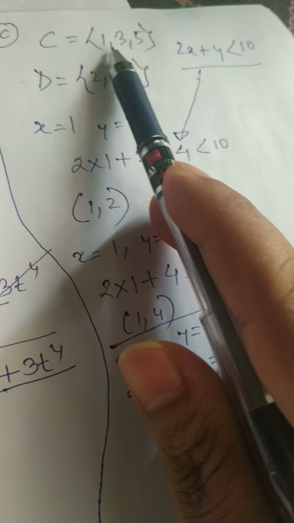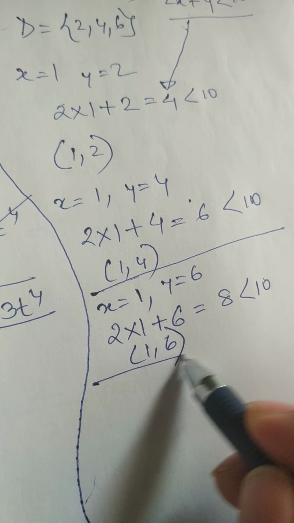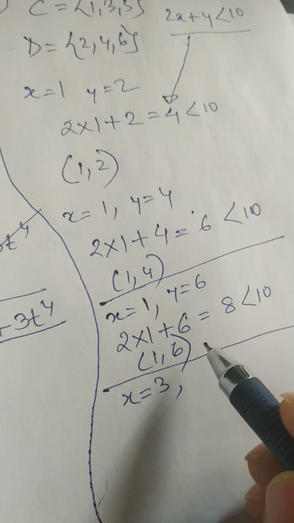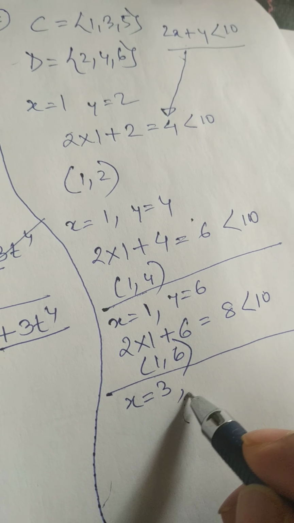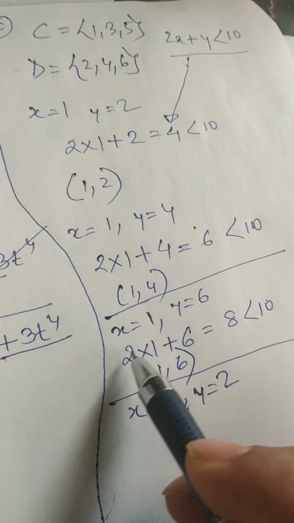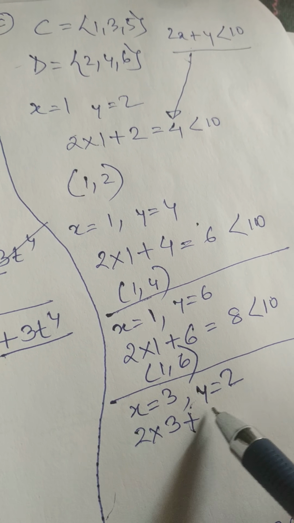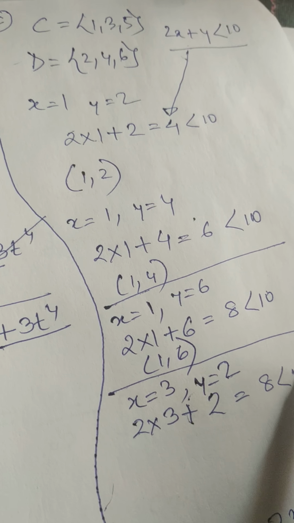Now if we move on to x equals 3, then y equals 2. Let's start with that. 2 into 3 plus 2 equals 6 plus 2, 8, considerable.